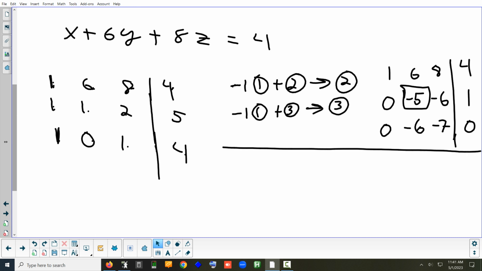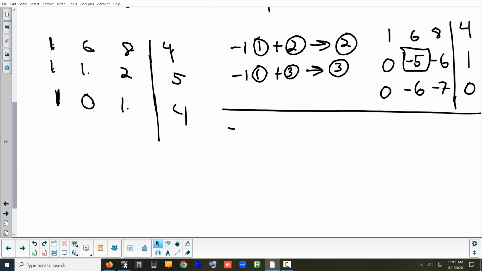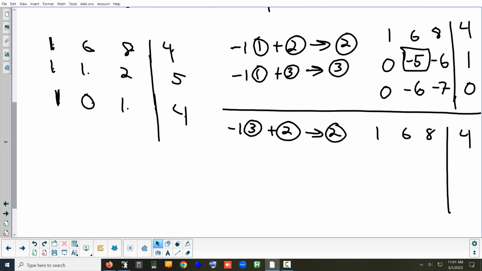So let's try it. Let's take negative 1 times the third row, add it to the second row, and that's going to replace what's in the second row. So rows 1 and 3 don't change this time. So 1, 6, 8, 4.